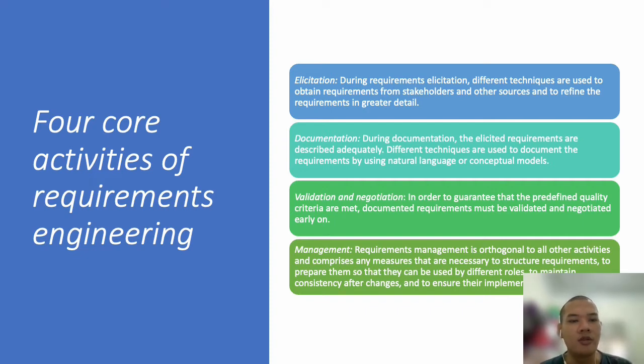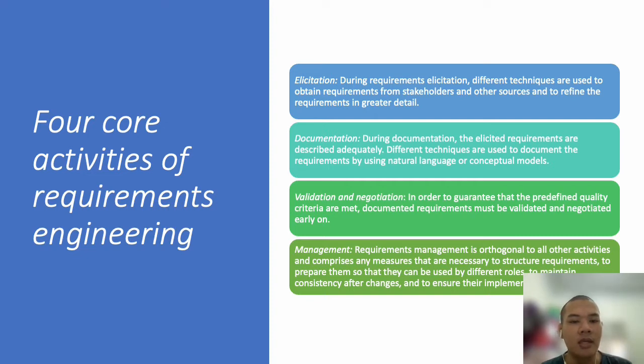And the third is validation and negotiation. In order to guarantee that the predefined quality criteria are met, documented requirements must be validated and negotiated early on. This is the importance of requirement engineering. The engineer makes the boundaries of the system. And the last is management.